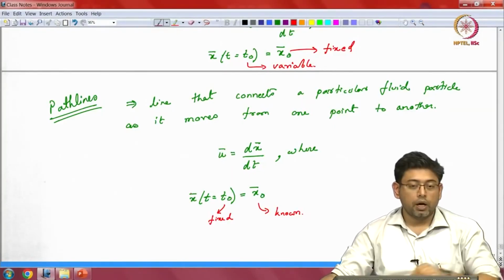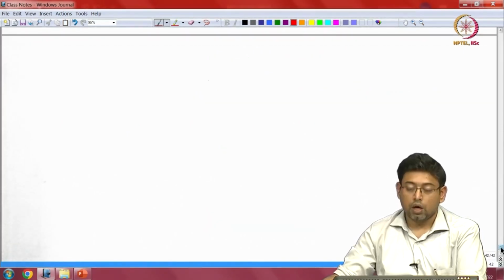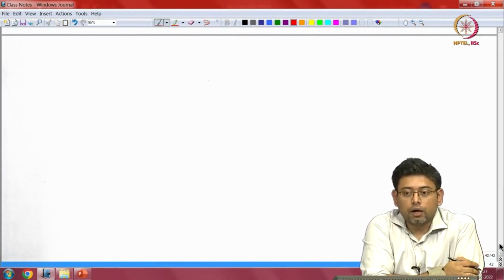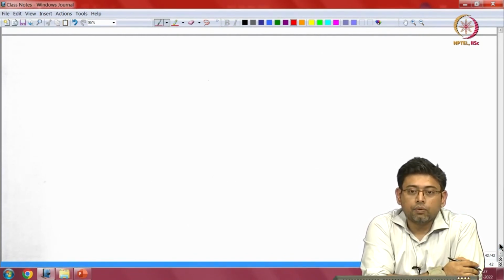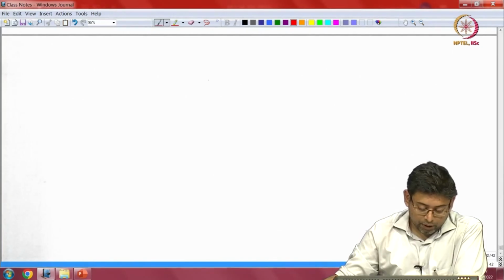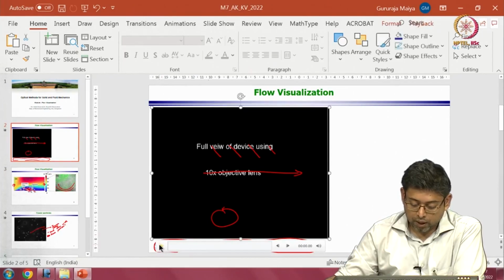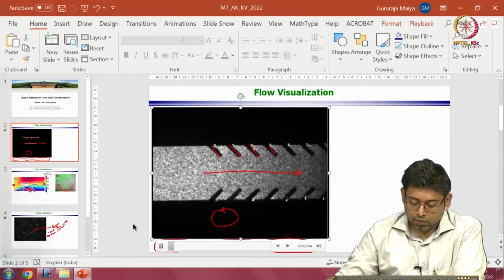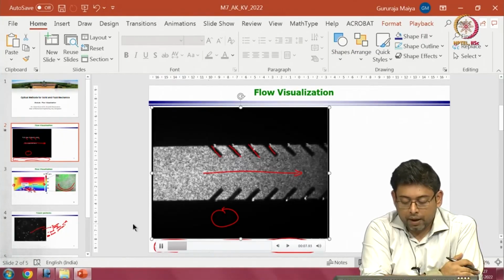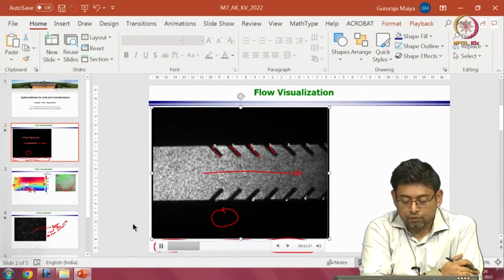So, what we want to do now is use tracer particles to understand flow in a given fluid, and we are going to look at how we can analyze some of the images of the type that I have shown you here. There are tracer particles that have been seeded in the flow, and by analyzing the tracers I want to understand the fluid flow behavior.